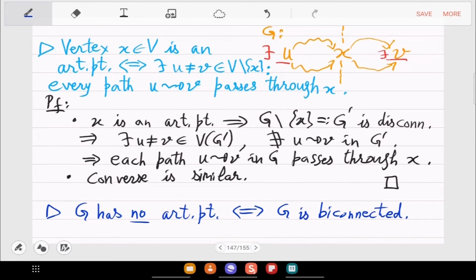In other words, if G is not biconnected, then there is an articulation point, at least one. So our goal now is to find all of them. We want to enumerate all the articulation points, and we want to do this by one DFS.